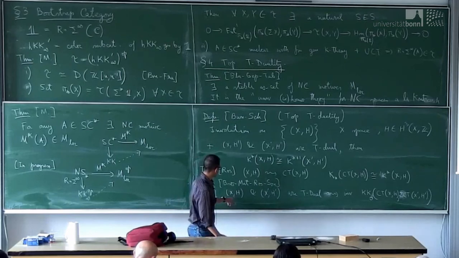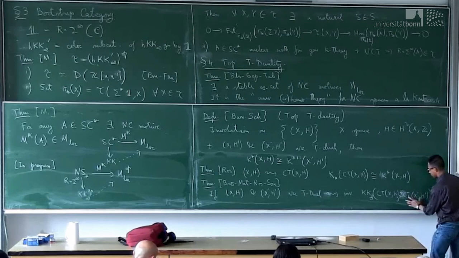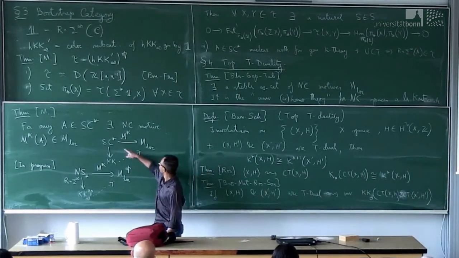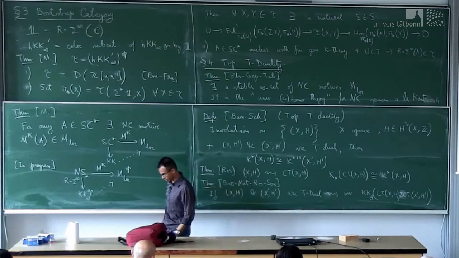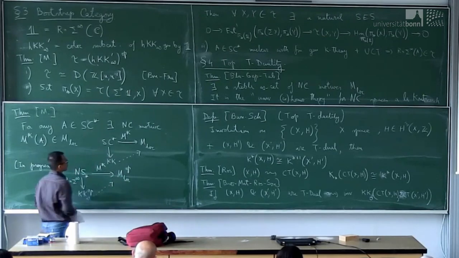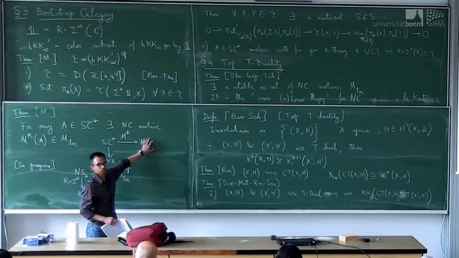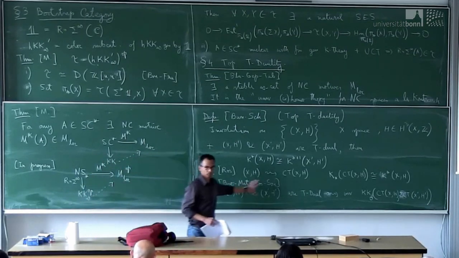This means that if these two are T-dual, then these two C-star algebras are KK equivalent. But if these two C-star algebras are KK equivalent, then by this construction non-commutative motives are isomorphic in the non-commutative motive category. And this means, because this is the universal cohomology theory for non-commutative spaces, in some sense this is the sharpest possible result that you can expect from this sort of setup.